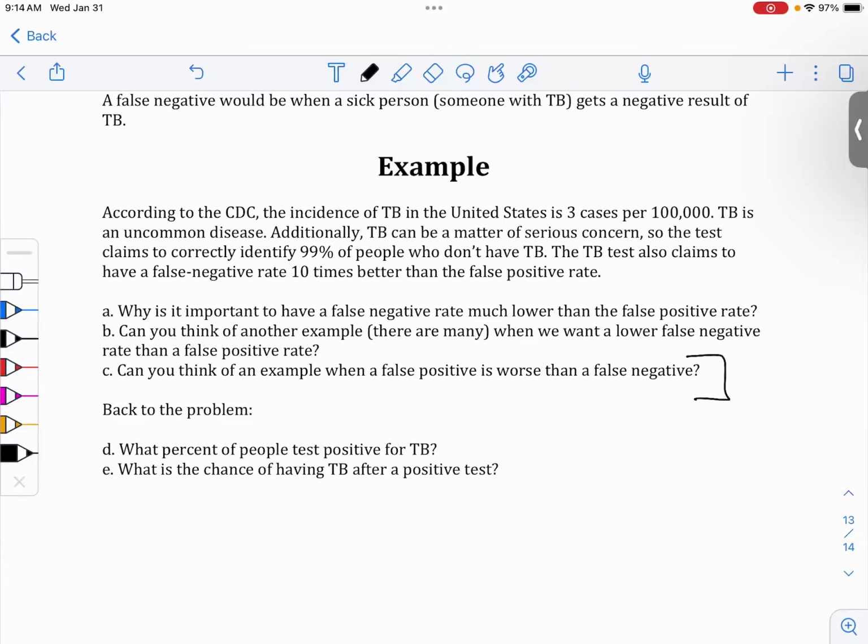But the criminal justice system is defined as guilty beyond a reasonable doubt. So we like to make sure that that person is absolutely guilty, all right? And so we let many guilty people go free, the false negative, all right, in order to avoid basically ever having a false positive in the justice system.